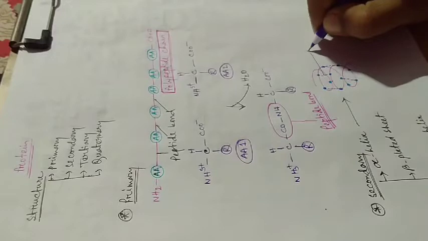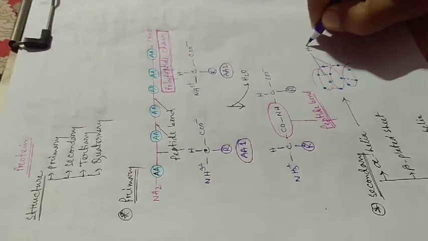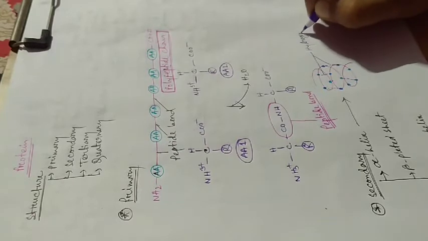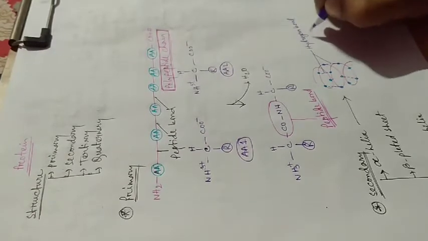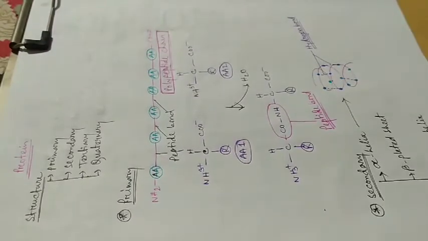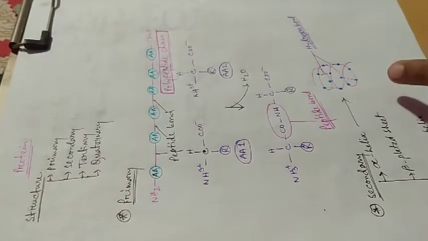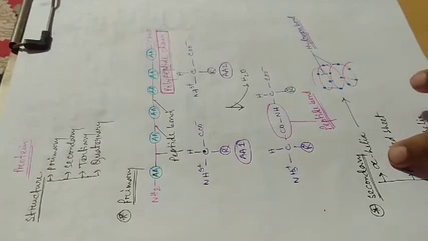These are the hydrogen bonds. Singly, a hydrogen bond is weak. But if many hydrogen bonds are present in a structure, then it will be stronger. For that, the peptide chain becomes a helically arranged structure called alpha helix.